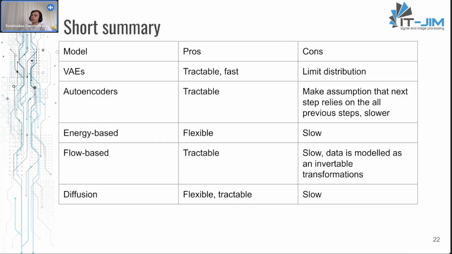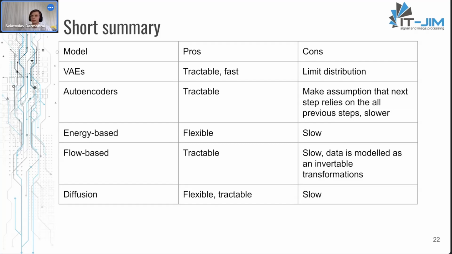Energy-based models are flexible, because we can plug in any regression function. It doesn't need to look like a distribution, but since we need to sample data during generation, it may be quite slow, and it is also harder to train.